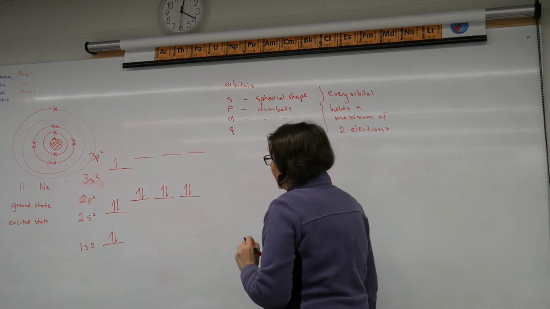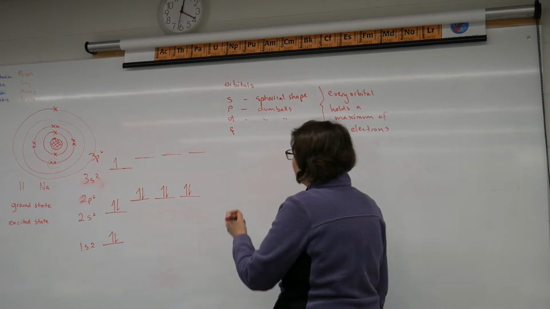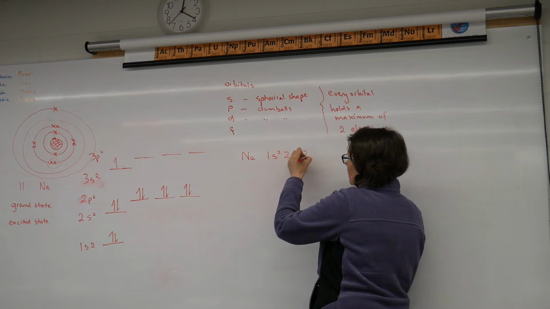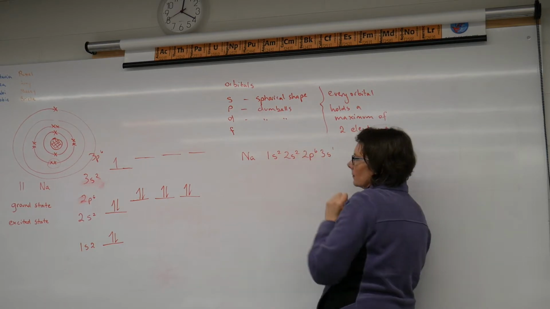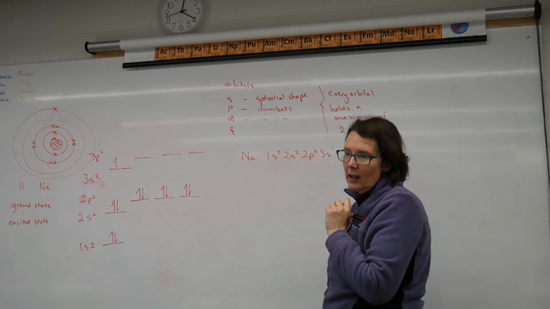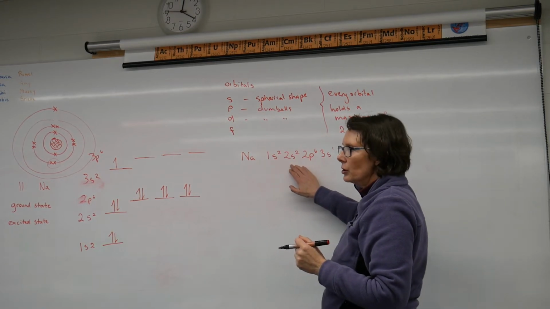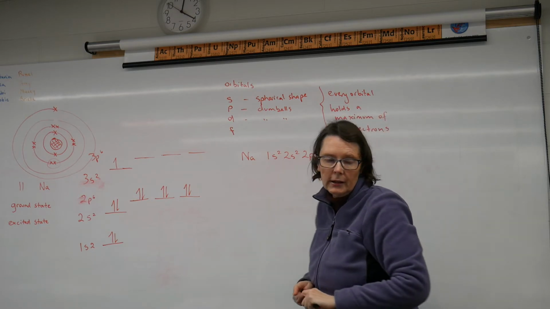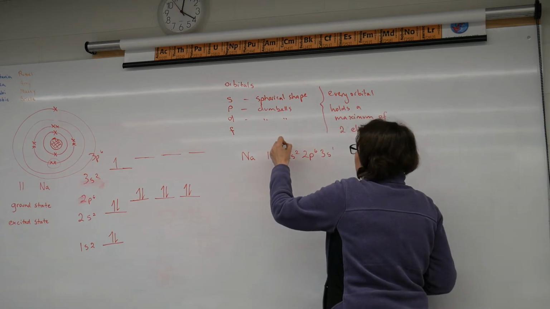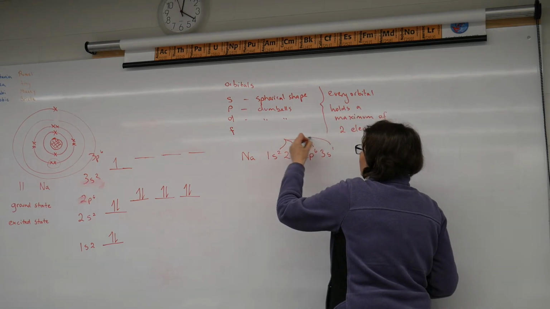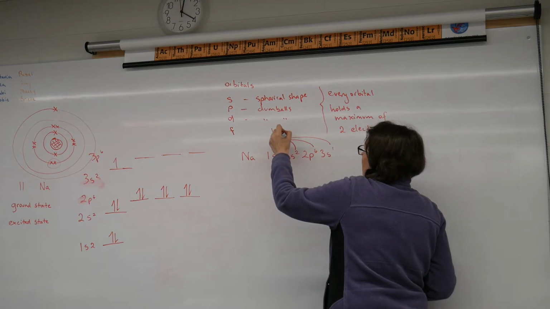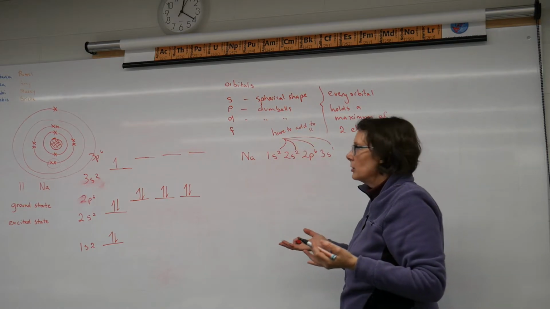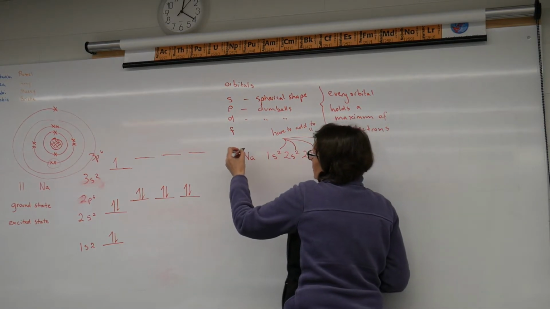So how would I write out my electron configuration for sodium now? I'm going to say how many electrons I have in each of my orbitals. My little numbers up the top here all have to add up to 11, because sodium has 11 electrons.